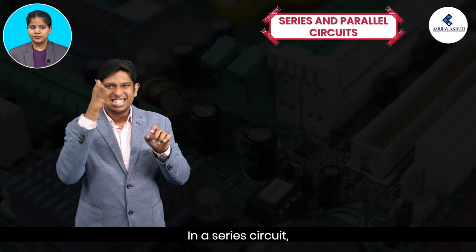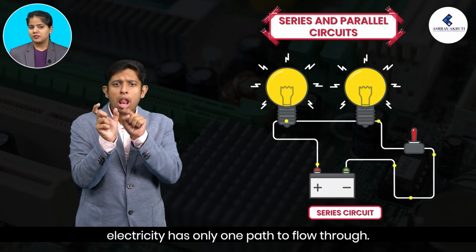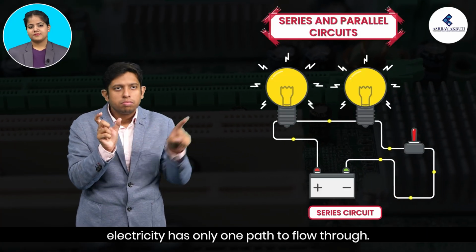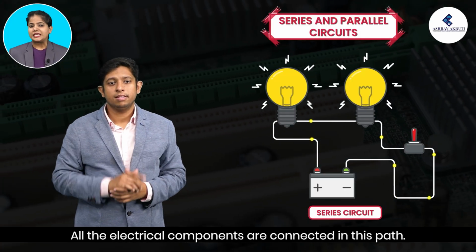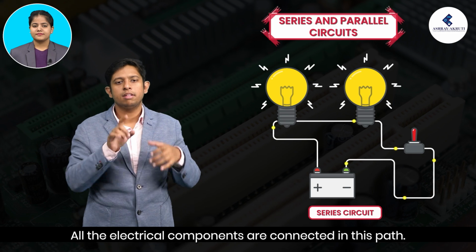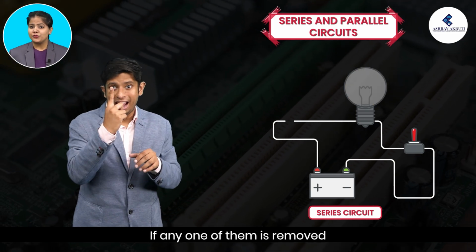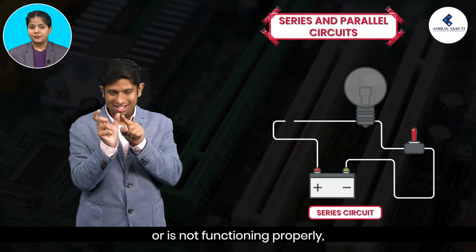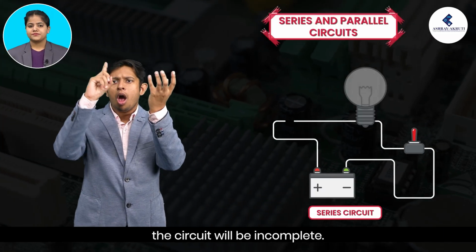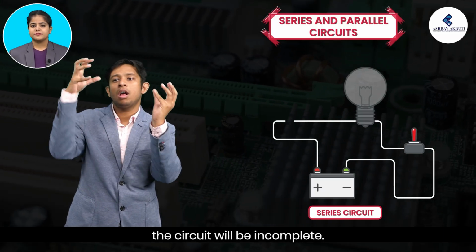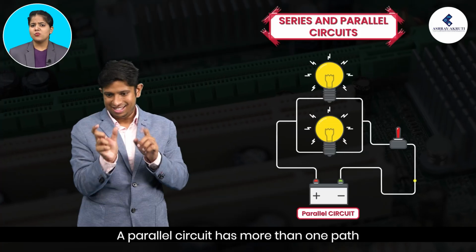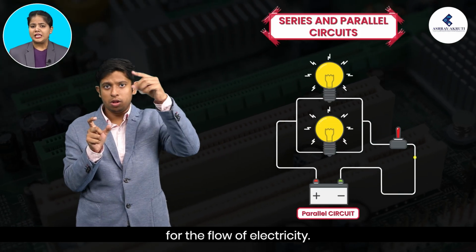In a series circuit, electricity has only one path to flow through. All the electrical components are connected in this path. If any one of them is removed or is not functioning properly, the circuit will be incomplete. A parallel circuit has more than one path for the flow of electricity.